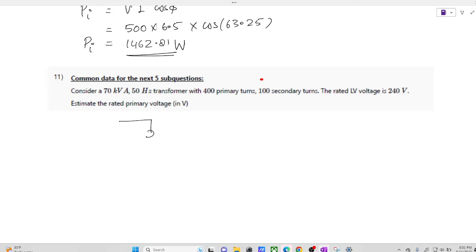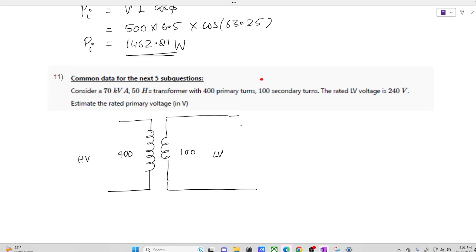This is a very simple basic question. They have given 400 turns on this side and 100 on the other. This is the low voltage side, this is the high voltage side, and they are applying a voltage of 240. So what are you going to get at the high voltage side?